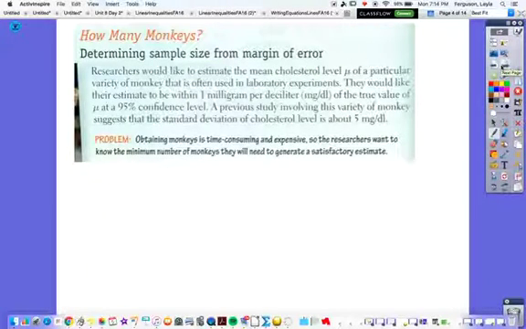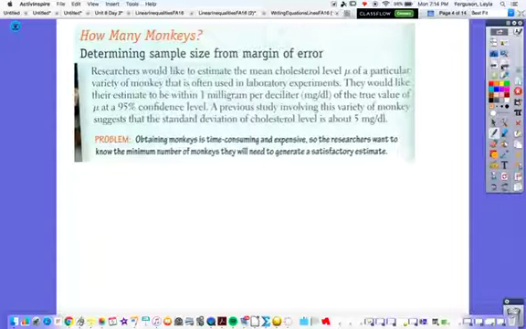So we're going to look at an example that has to do with determining sample size for margin of error. It says, researchers would like to estimate the mean cholesterol level mu for a particular variety of monkey that is often used in laboratory experiments. They would like their estimate to be within 1 milligram per deciliter of the true value of mu at a 95% confidence level.